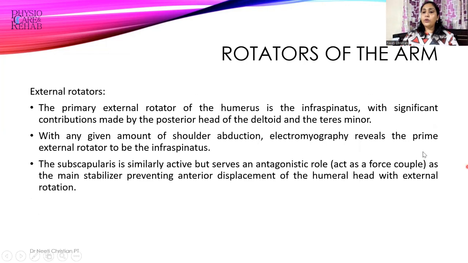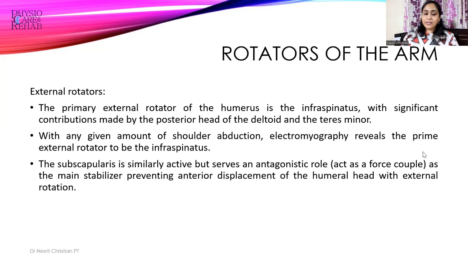Let's see the role of rotator cuff muscles as rotators, so external and internal rotation. The primary external rotator of the humerus is infraspinatus, with significant contribution also made by the posterior head of deltoid and teres minor. With any given amount of shoulder abduction, EMG studies reveal that the primary external rotator is infraspinatus.